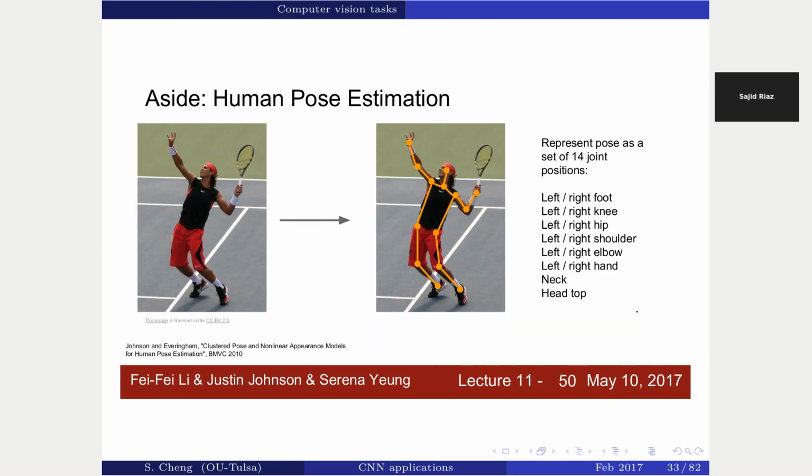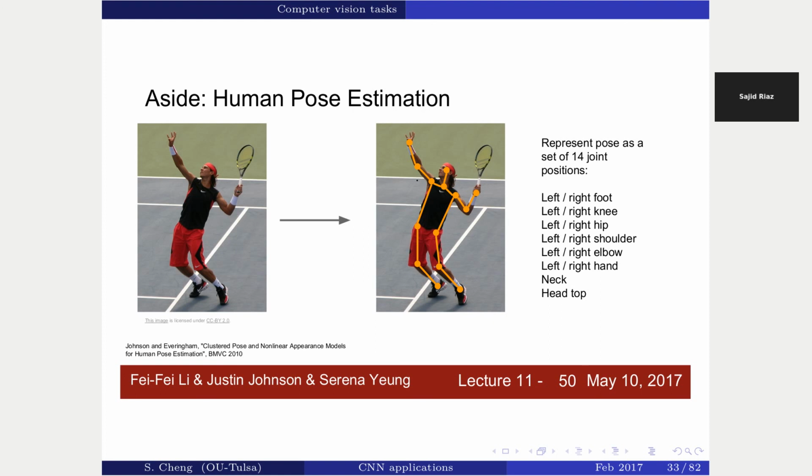So for problems like this, if you have one single object, I can also use the same idea, for example, for pose estimation. If someone has a particular pose, the pose will be specified by the locations of the key points.